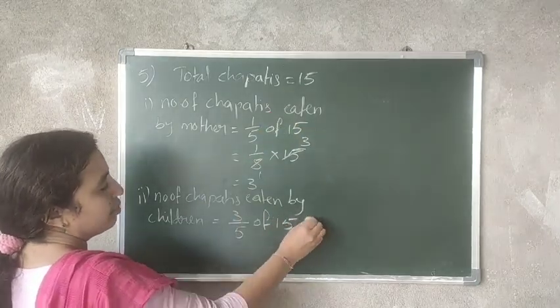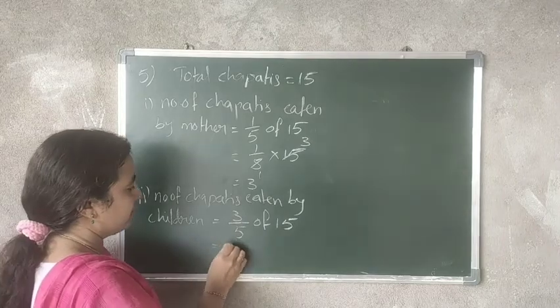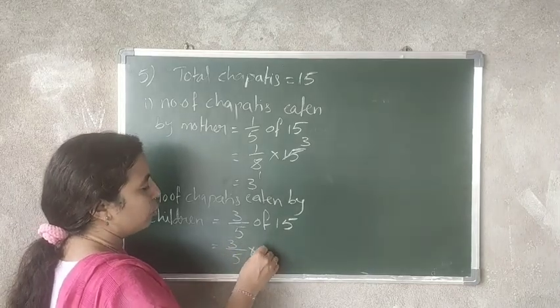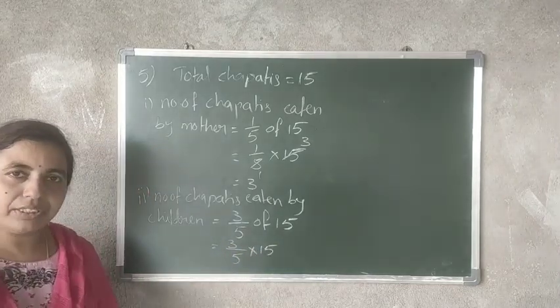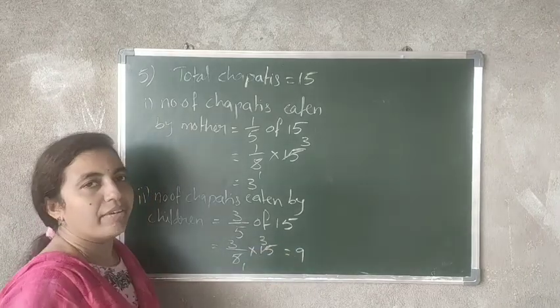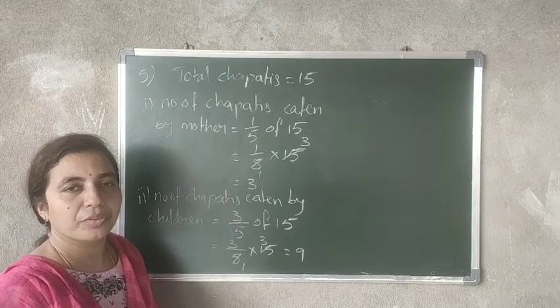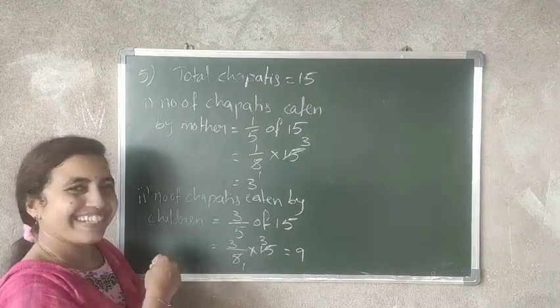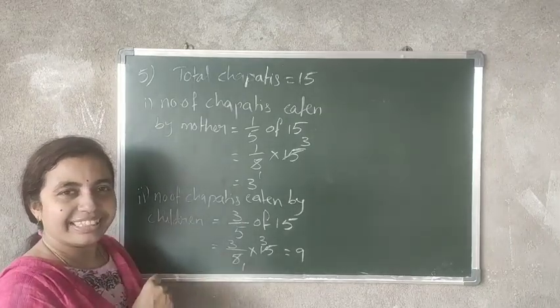How many in that one? 15. That means 3 by 5 into 15. 'Of' means into. So 5 threes are 15, 3 threes are 9. Oh, you have eaten 9 chapatis.